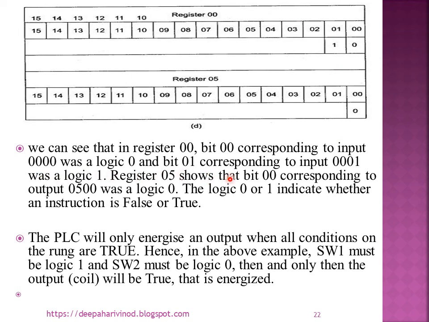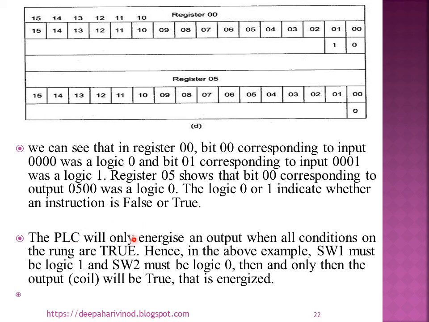Register 5 shows that bit 0 corresponding to output 0500 is logic 0, and logic 0 or 1 indicates whether an instruction is false or true.